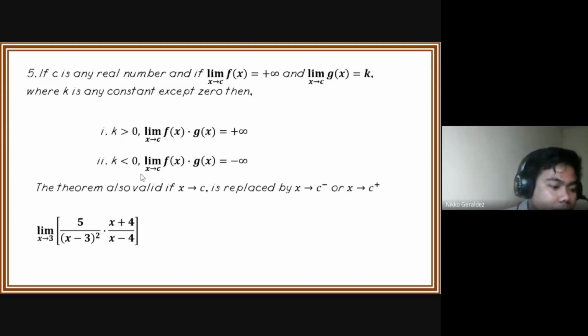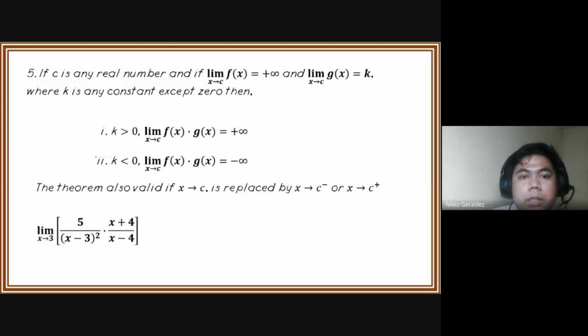Next. So we have, if c is any real number and if limit of f of x as x approaches c is equal to positive infinity and limit of g of x as x approaches c is equal to k, where k is any constant except 0, then we have two cases for theorem number 5.